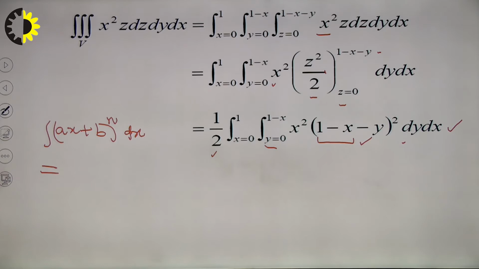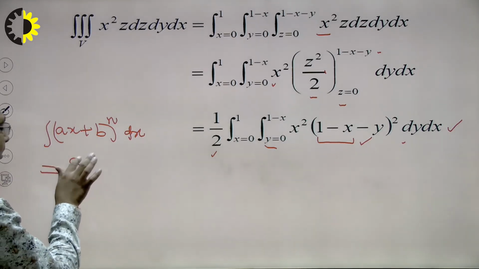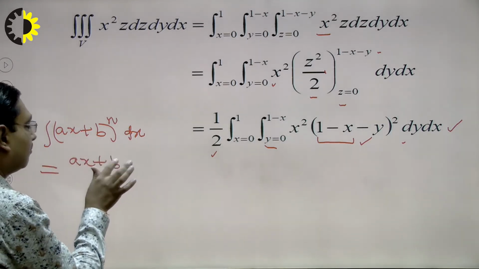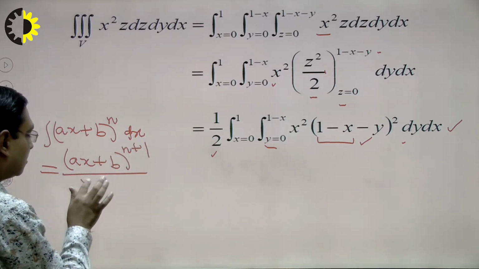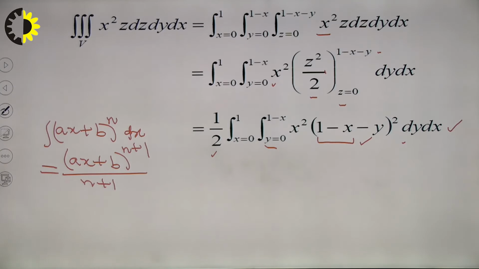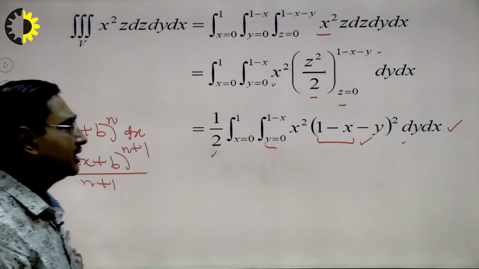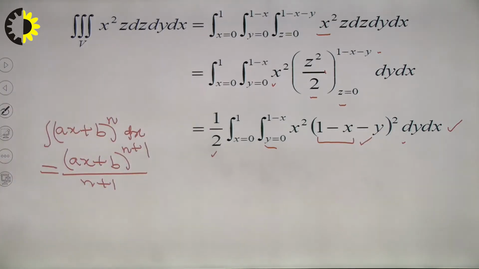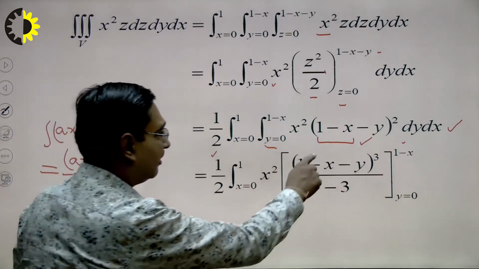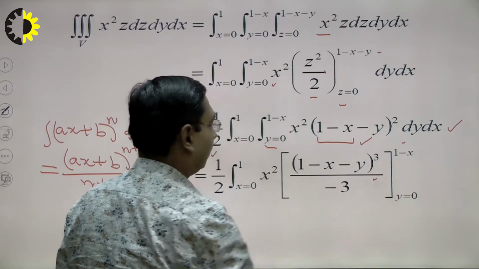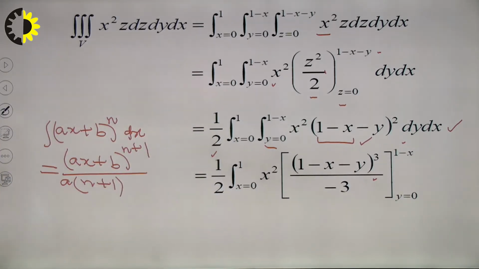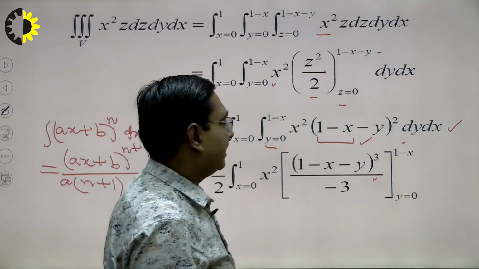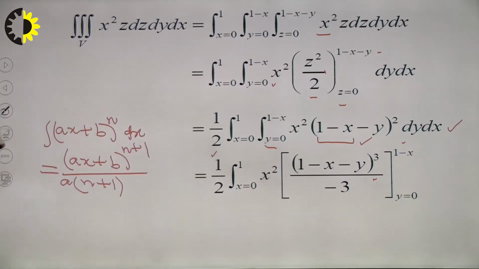Integration of ax plus b raised to the power n was ax plus b raised to the power n plus 1 upon n plus 1 if n is not equal to minus 1, and of course here n is 2, so not equal to minus 1. Applying this formula, this will give 1 minus x minus y whole cube upon 3, with the coefficient of y, which is minus 1, written in the denominator.